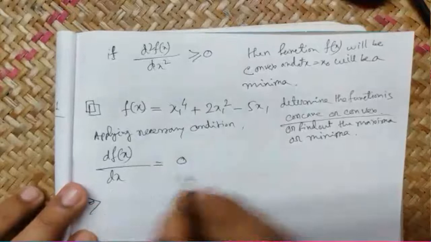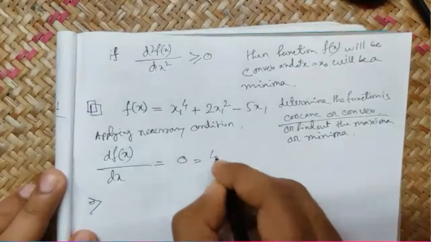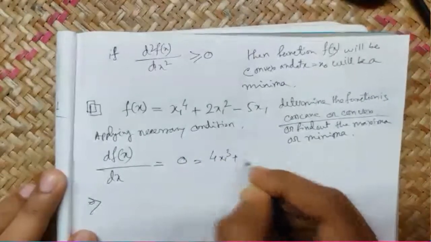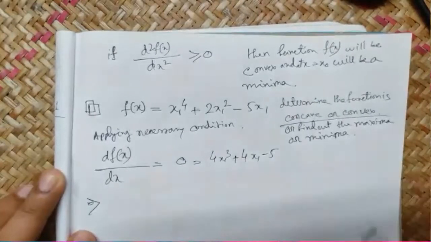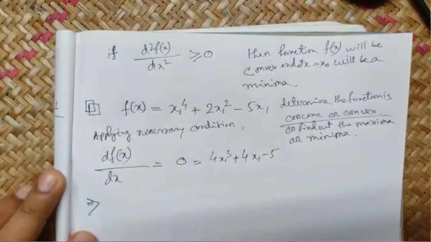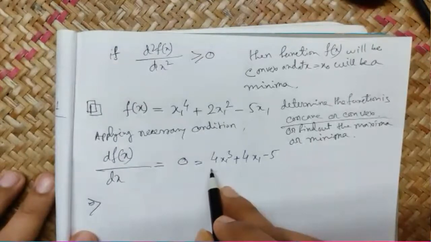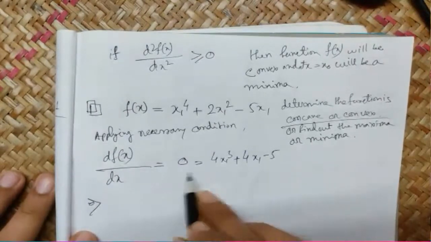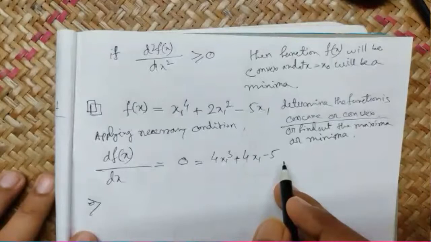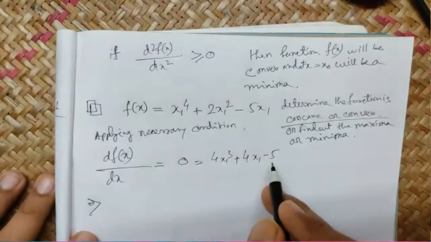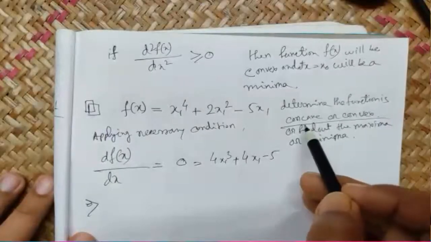So let us check it out. dfx dx means here 4 x1 cube plus 4 x1 minus 5, and we are equating it with 0. That will give you a particular extreme point. So let us stop here because we have to check whether it is concave or convex.